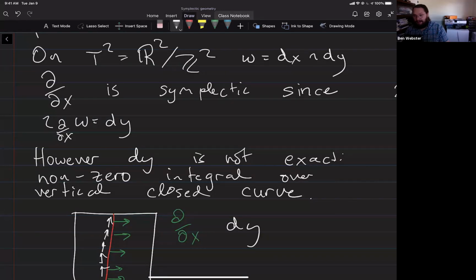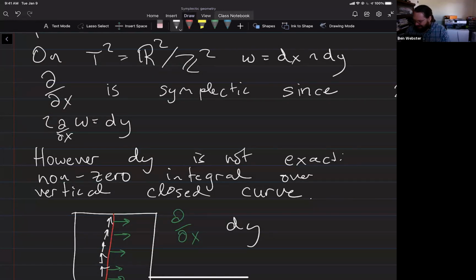That's closed because d squared of y is 0, but it's not exact despite what the name looks like. On the torus, dy is not exact because y isn't a well-defined global function on the torus.